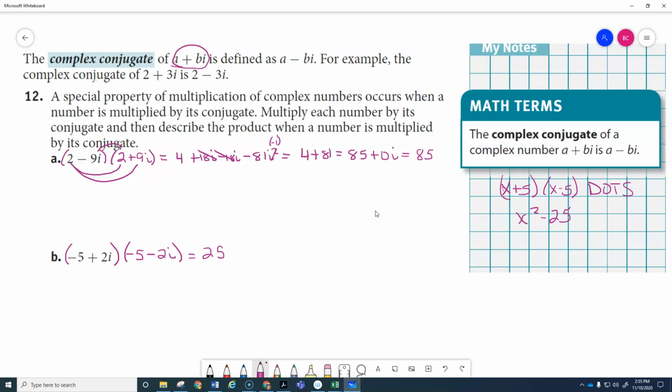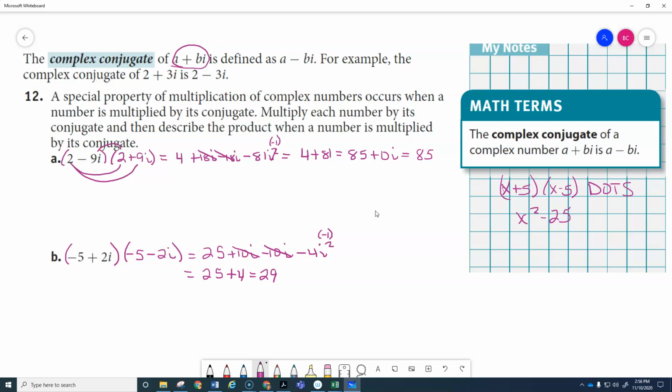You can do the insides, but I just skip them: positive 5 times negative 2 is negative 10i, this is going to be positive 10i, and those add to 0 every time. Then I just do the first term times the last term. Positive 2i times negative 2i is negative 4i squared, which simplifies down to positive 4. So that's 25 plus 4, which simplifies down to 29.